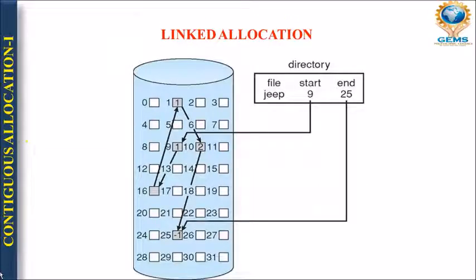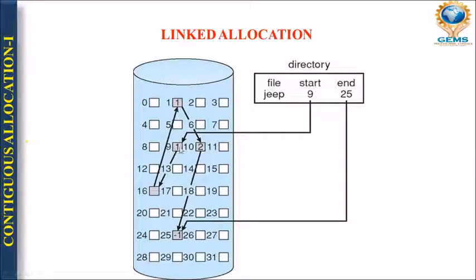This is a very good example of linked allocation, in which we have one file that starts at 9 and ends at 25. Let's see how. First of all, it starts from 9.